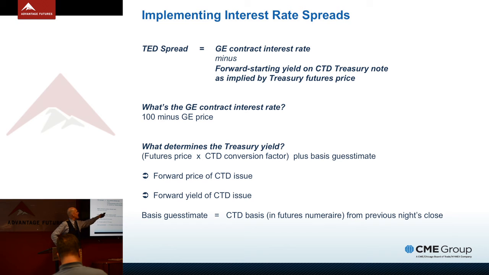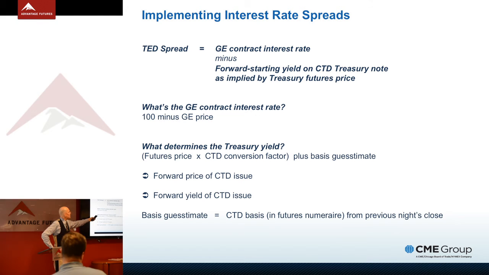It's just 100 minus the euro-dollar futures price. Now, the treasury yield. This is where your attention to detail is important. That's going to be the futures price multiplied by the delivery invoice conversion factor that applies to the cheapest to deliver note into that futures contract.